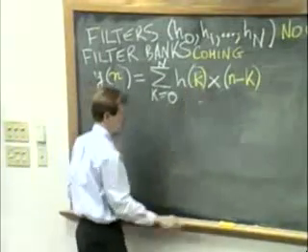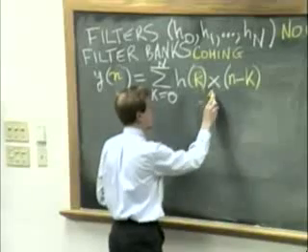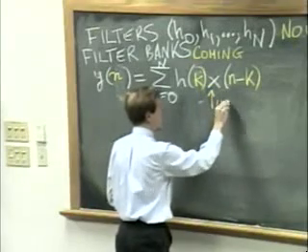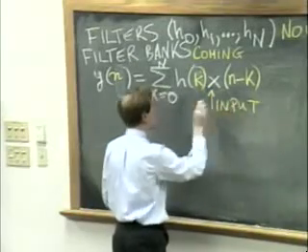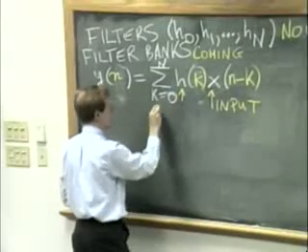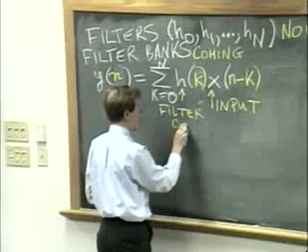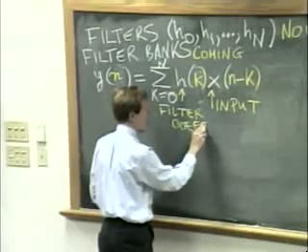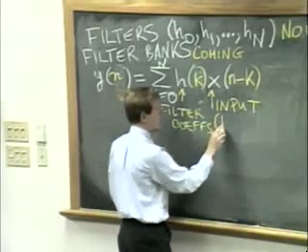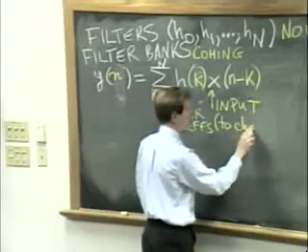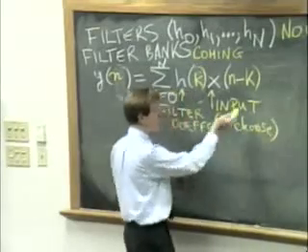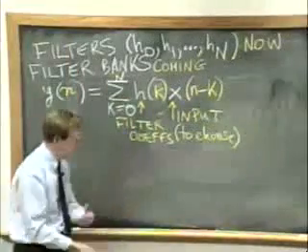Here's the input signal. There's the filter coefficients, chosen, and that's where we get to choose. The input we can't choose. It's whatever comes to us.